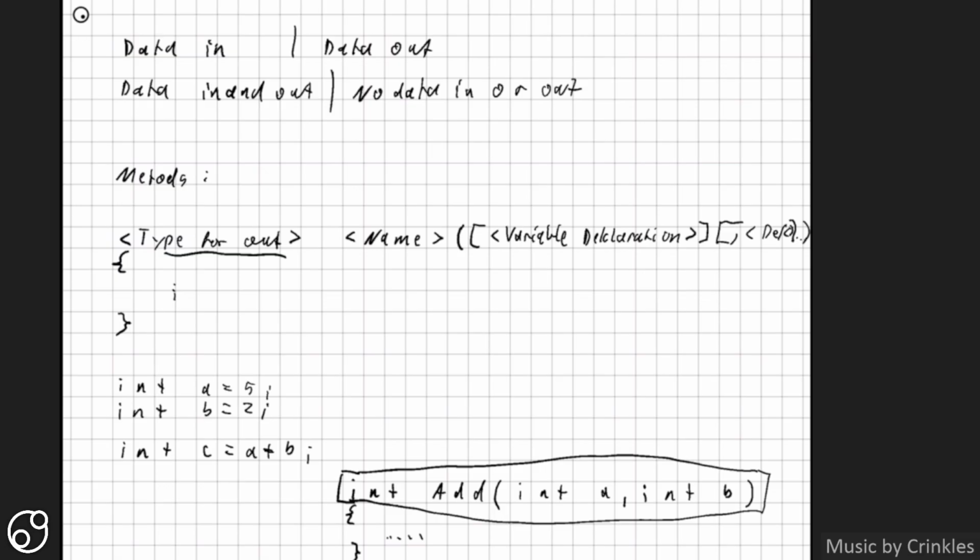This is the method signature. Usually it will actually be simplified where we skip these names and you just have int add, int. It just boils it down to the essential. This is the add method.